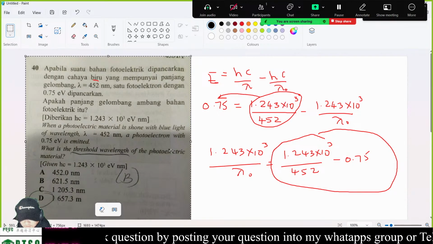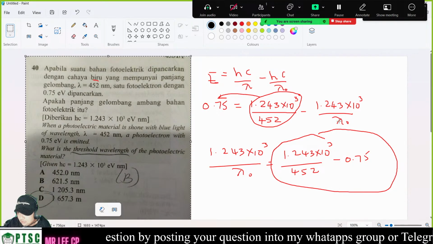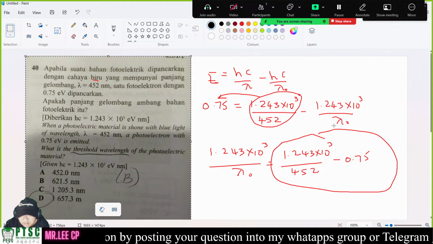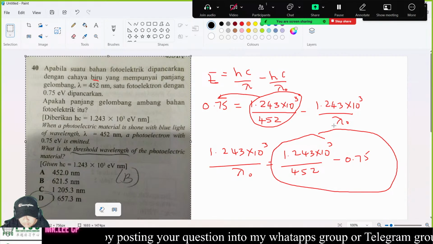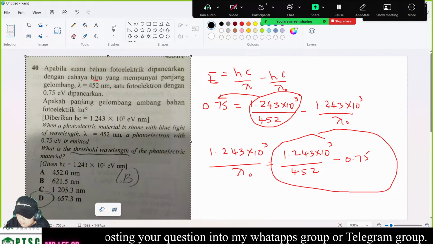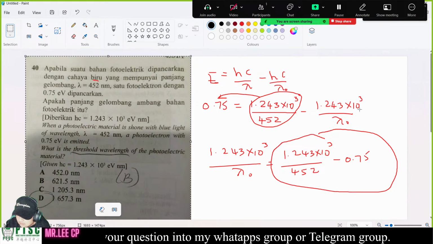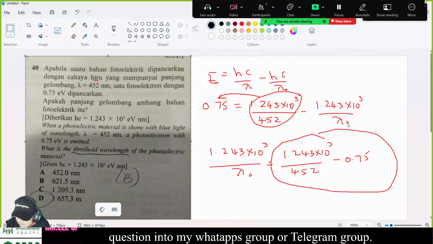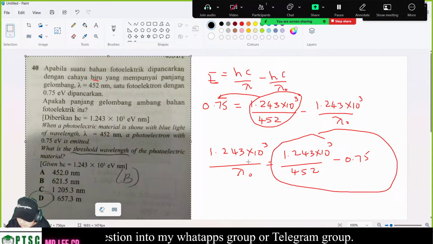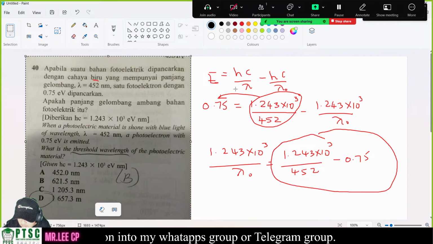What is the threshold wavelength? Threshold wavelength. hc over lambda naught. This one moves to here and becomes positive, this one moves to here, minus.